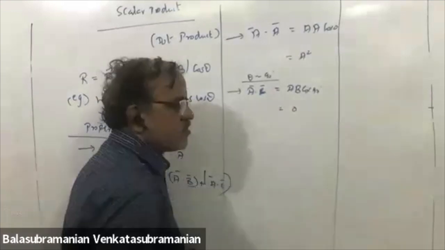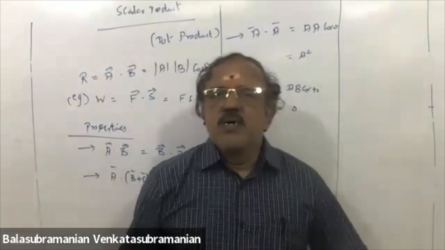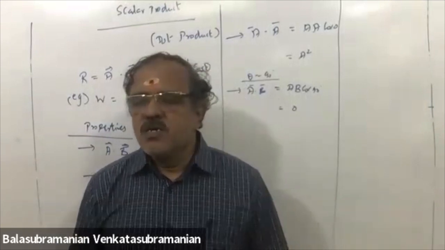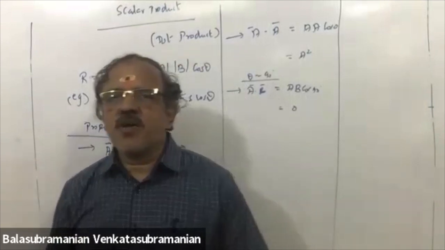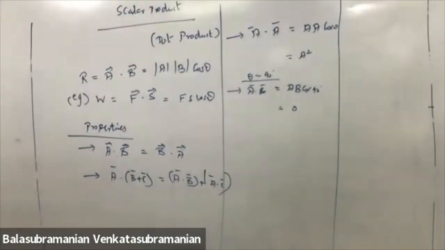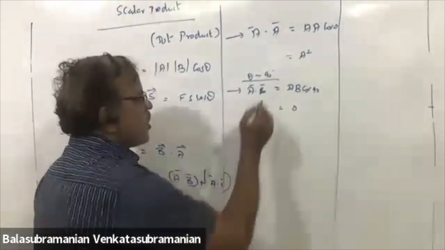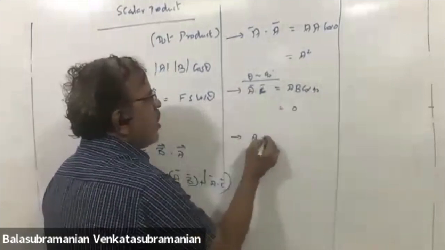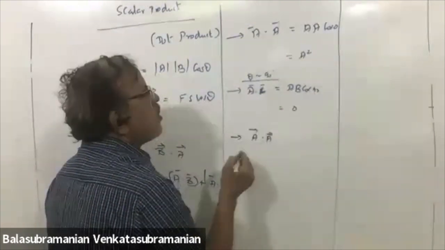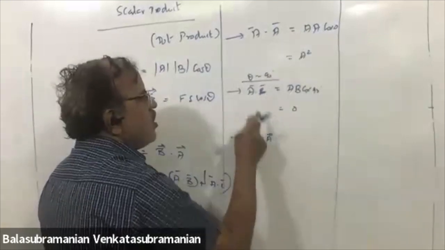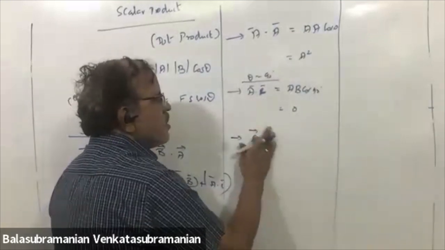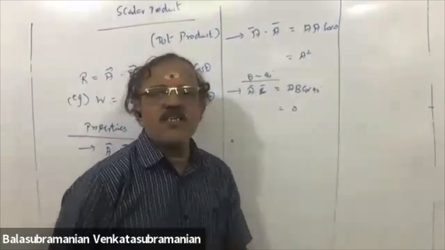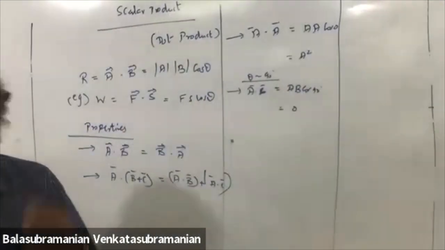That is 0. Resultant is 0 for two vectors which are perpendicular. Same vector A dot A means it is A square, and for A and B perpendicular this value is 0. Okay, fine.